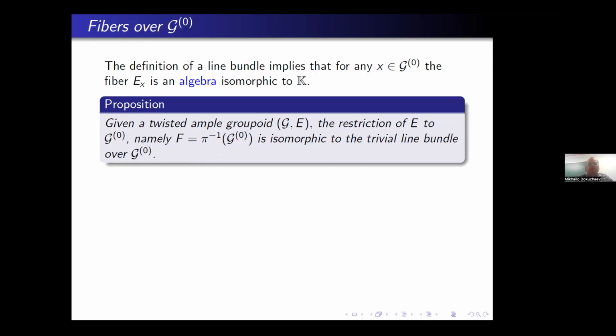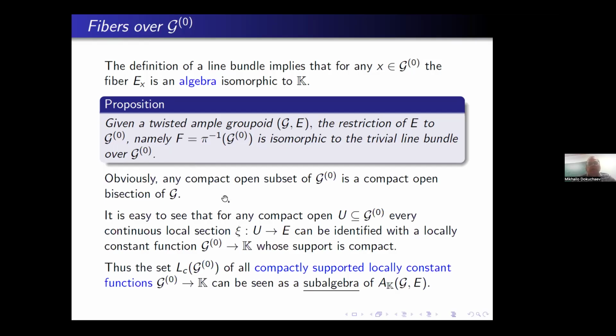So it is of the form E_ω, where ω is trivial. Now, any compact open subset of the unit space is trivially a compact open bisection.